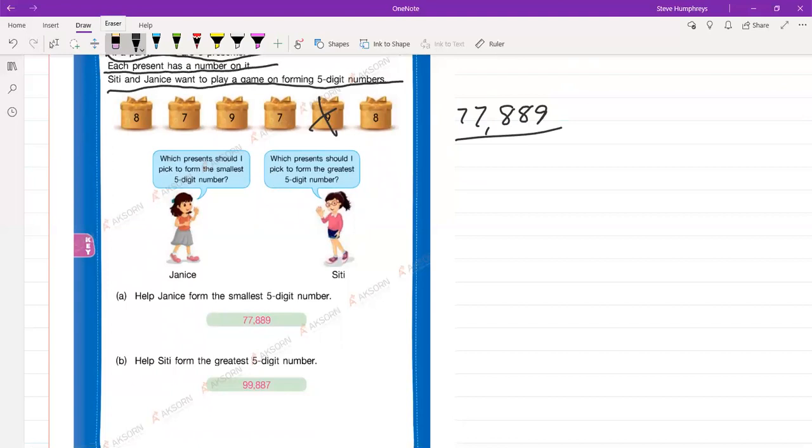Let's erase that. Okay. Eraser. Right, erase this.